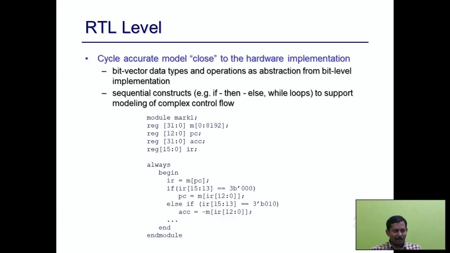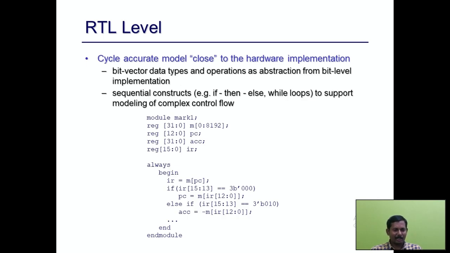In the RTL level, we take care of physical properties. Physical properties means things like registers, flip-flops, wires. These are all physical properties. During the programming level itself, we take care of these kinds of models.